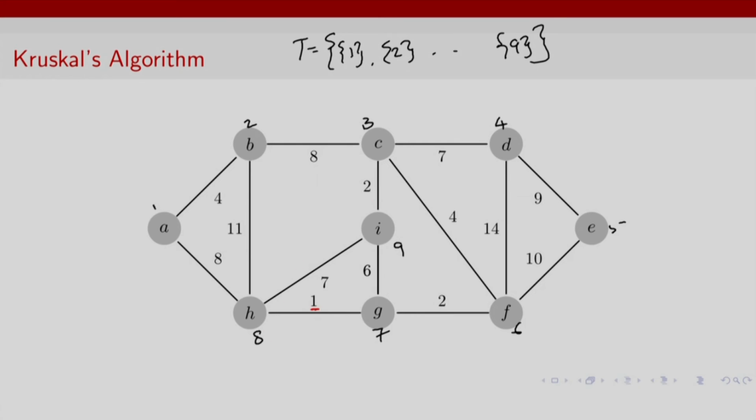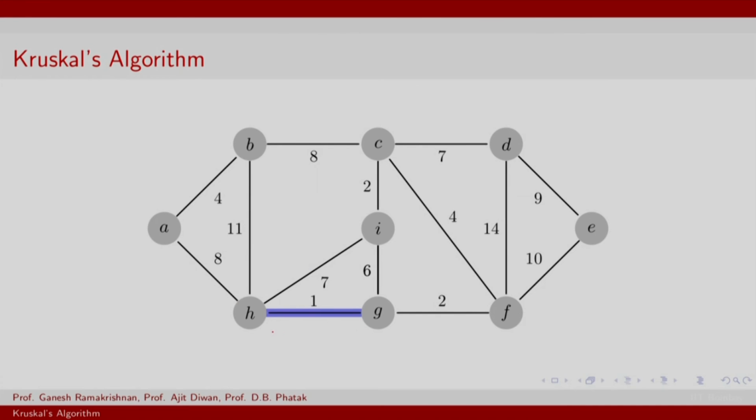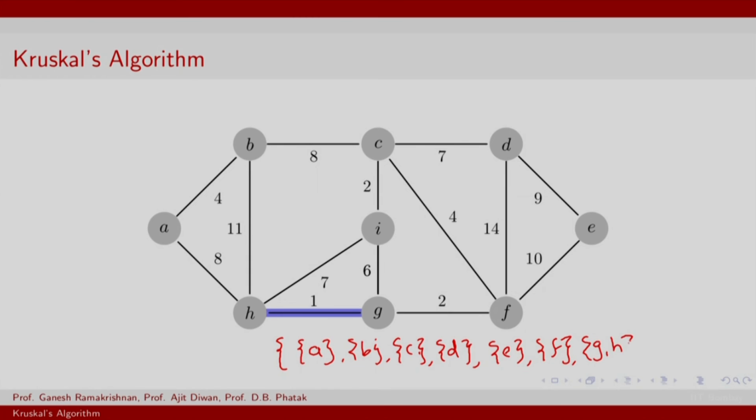beg your pardon, it is between H and G, has weight 1. So you are going to add it, that will lead to the merging of H and G. So now we have fewer trees and we are going to keep track of this, H comma G in 1, of course maintaining the sorted order A, B, C, D, E, F, G comma H, we will again maintain the increasing order.